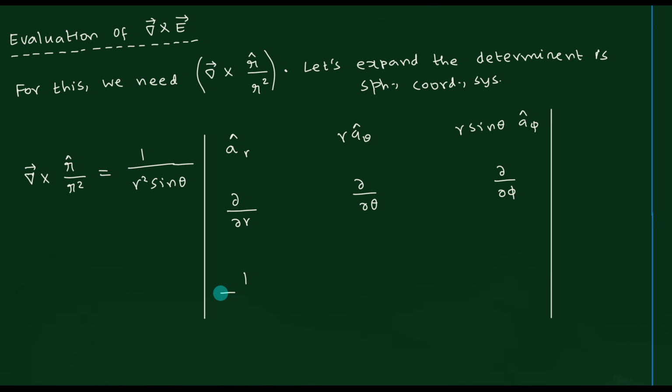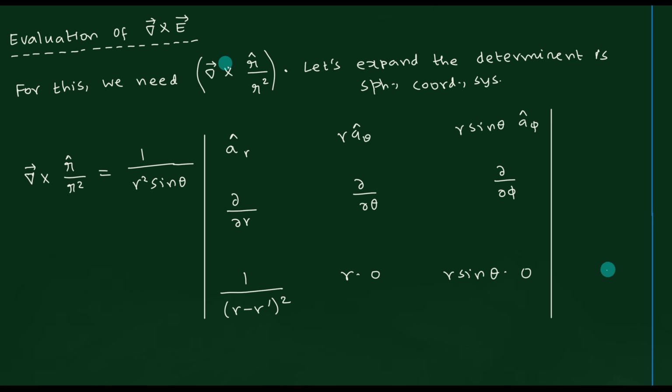It is 1 divided by script r square, and being a scalar, I write it like that. Then you have r into 0 and r sin theta into 0. Why do r sin theta and r come here? This is the definition of the determinant in the spherical polar coordinate system.